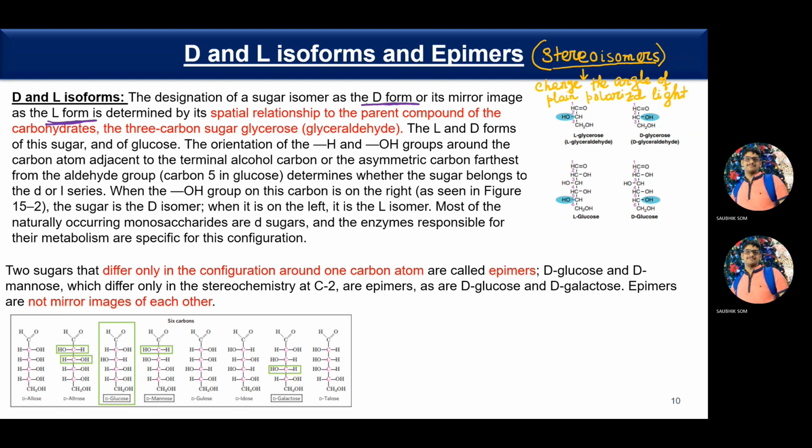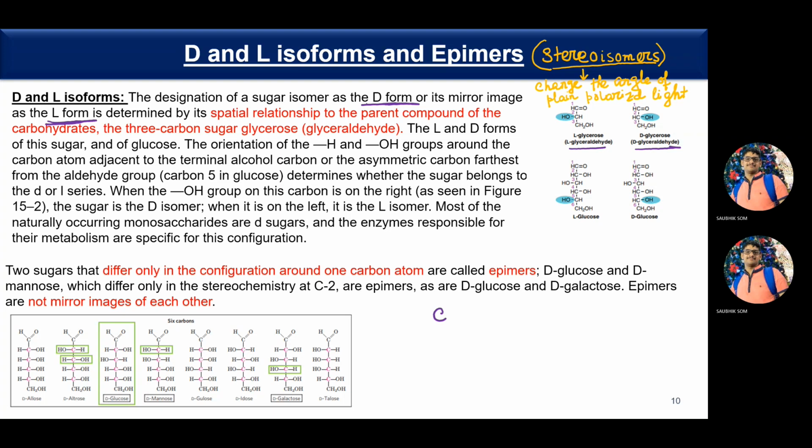The parent compound of all the glucose is glyceraldehyde, correct? L or D glyceraldehyde. Now glyceraldehyde has a single chiral carbon. Sorry, it has two chiral carbons, right?